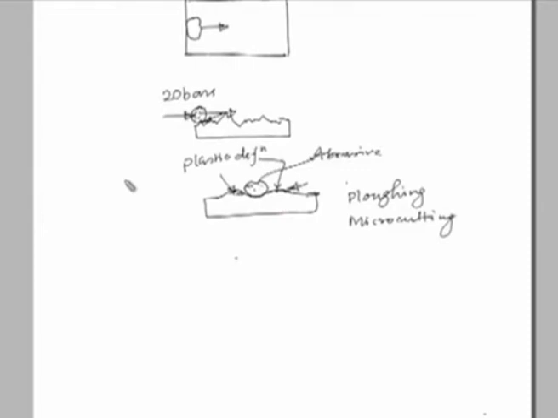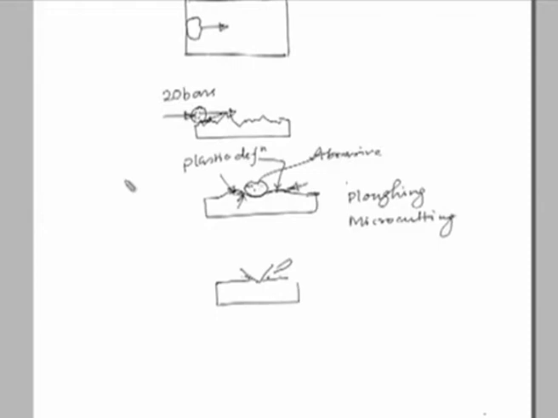In micro cutting, the abrasives coming in contact with the surface physically remove the material in the form of small chips without causing much side flow towards both sides of the abrasive particle, as in the case of ploughing.